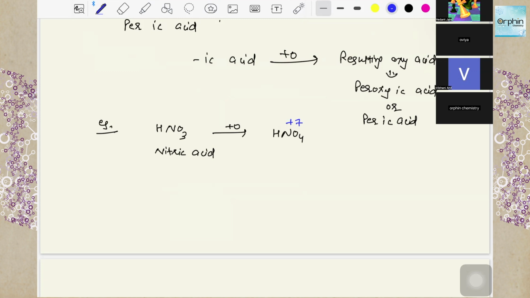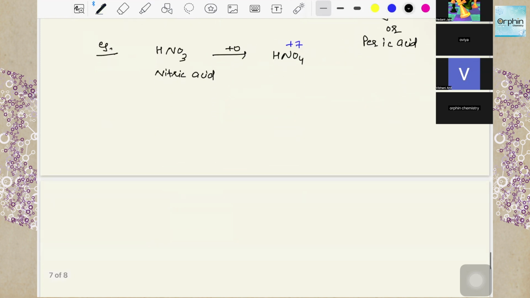How can it lose 7 electrons here? Practically, it is not possible, right? It is coming as +7 because we are considering all the oxygen as -2. But all oxygens are not -2 because +7 is not possible, right? So we can say nitrogen will be the central atom, one will be OH.